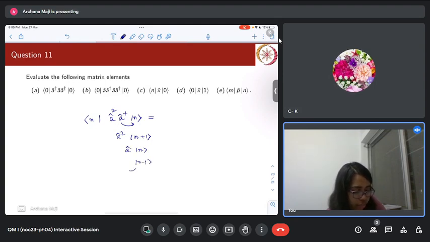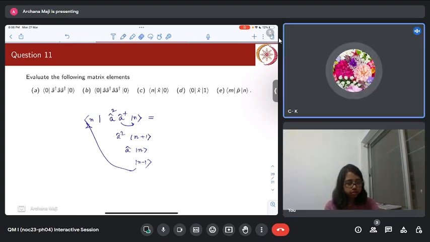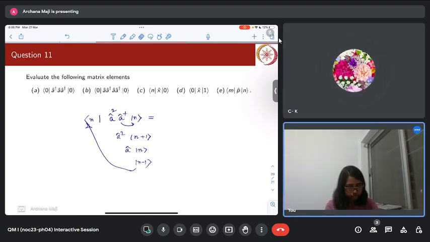Now if you take the inner product of |n minus 1> with |n>, you get 0. So this is what I meant. If you have the same state on both sides and the numbers of creation and annihilation operators are the same, then you get a non-zero value, otherwise you will get 0. So just do these 5 matrix elements.